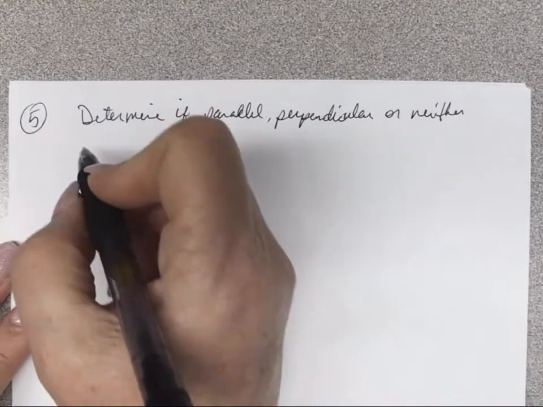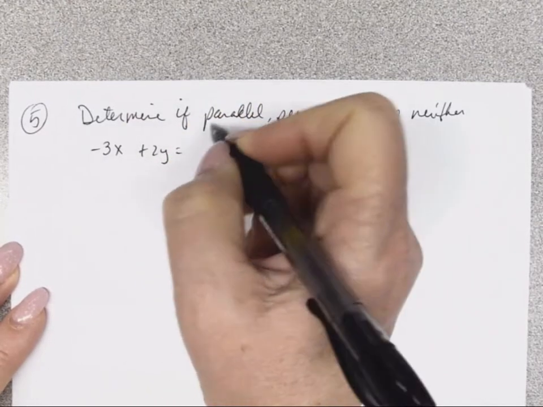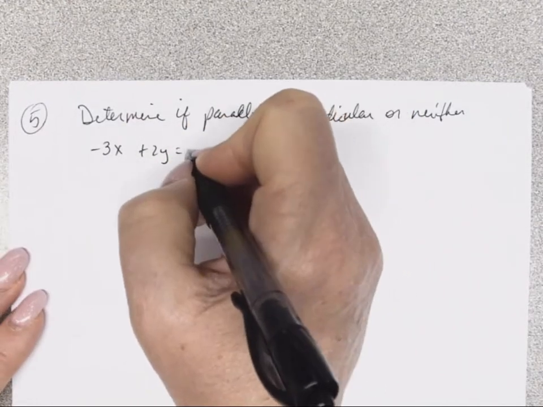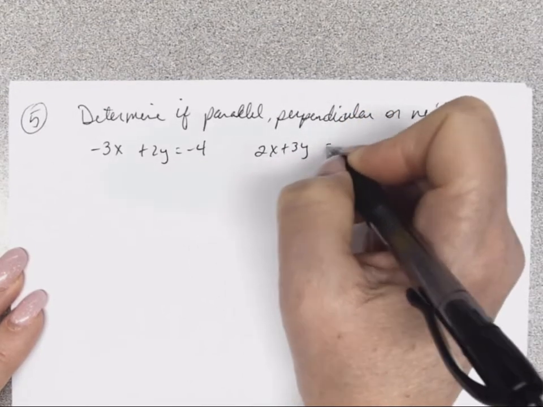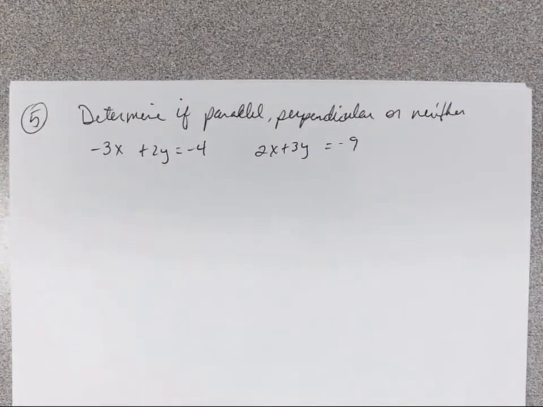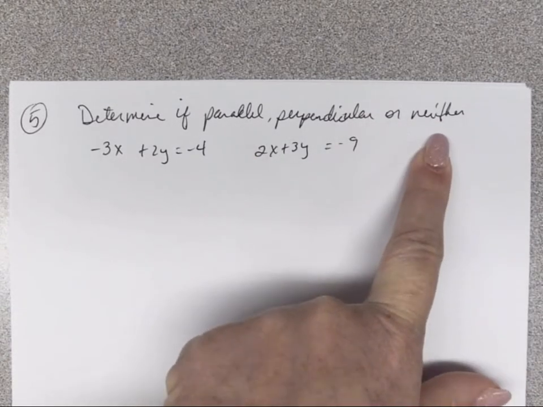So I'm going to give us two equations. Negative 3x plus 2y equals negative 4, and 2x plus 3y equal to negative 9. So to determine if it's parallel, perpendicular, or neither, we find that by the slope.